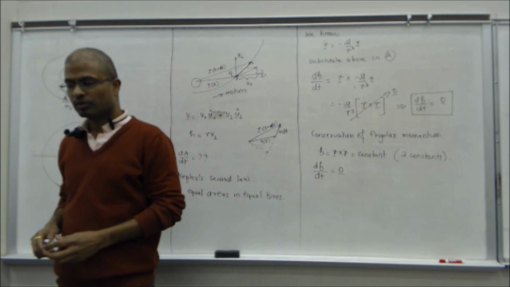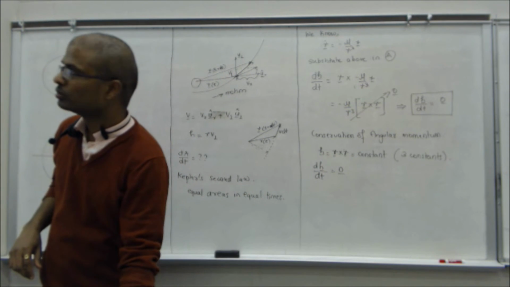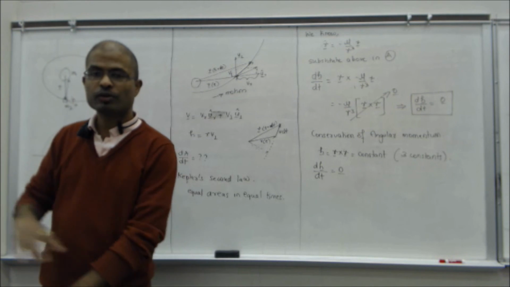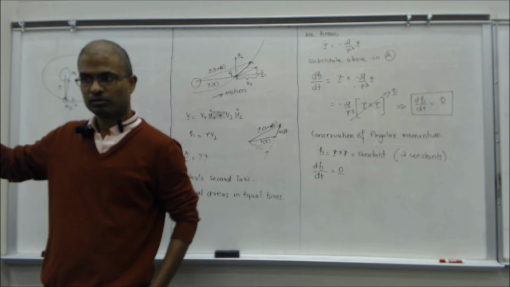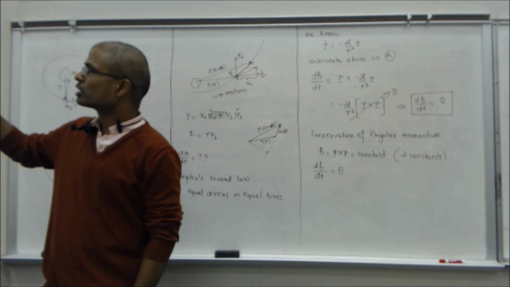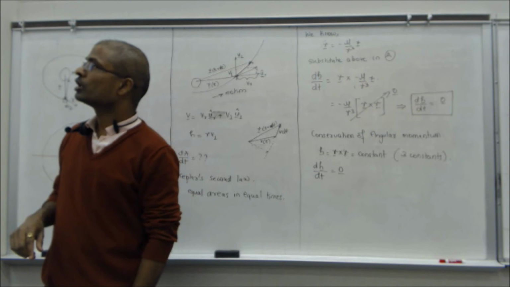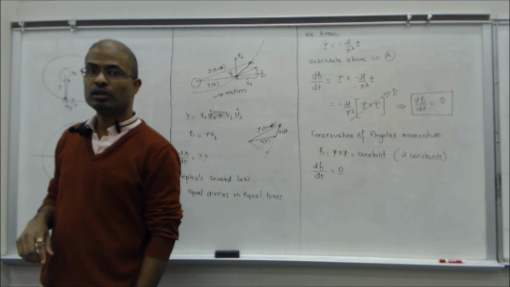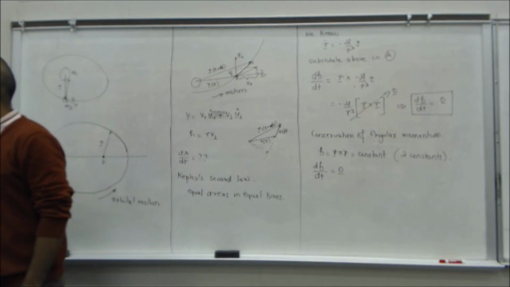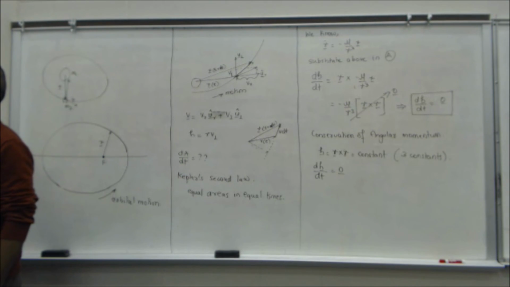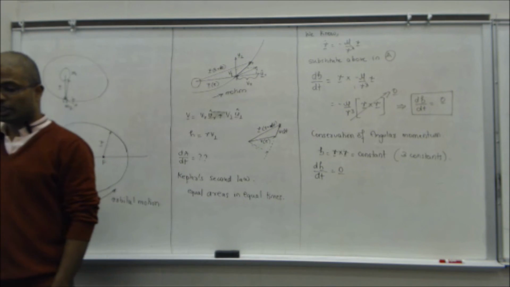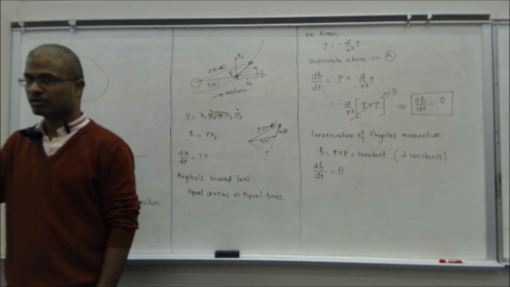This was shown, or observations were made to prove this, right? What it says is planets sweep out equal areas in equal times. So you think about this. Is Earth moving faster here or here? Think about it. Equal areas and equal times.